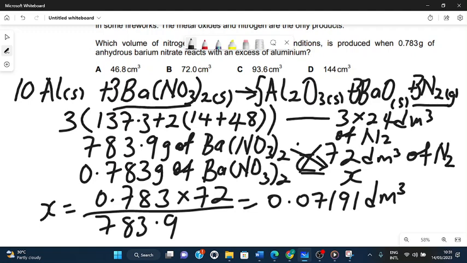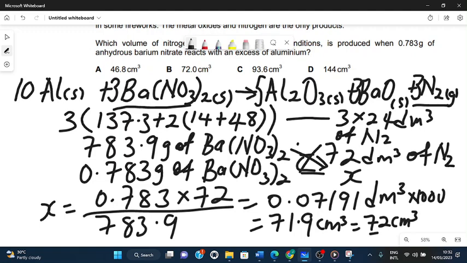So 0.07191 dm³ we have to multiply by 1000 to convert it to cm³, which will give us 71.9 cm³, which is approximately 72 cm³. So the answer to this question is B, which is 72 cm³.